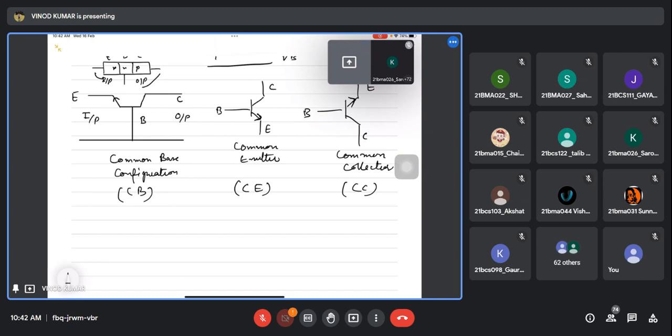The significance of this arrow, if we talk about, इसके पीछे है the electron movement actually. This is collector, this is base, and this is emitter.